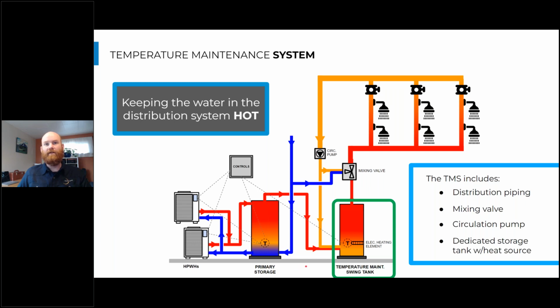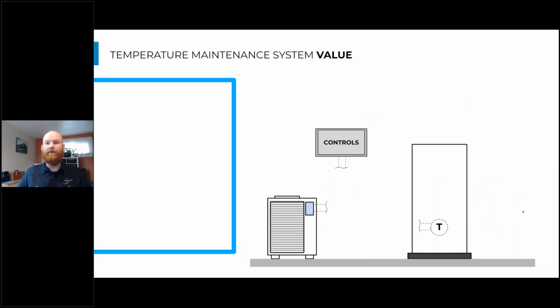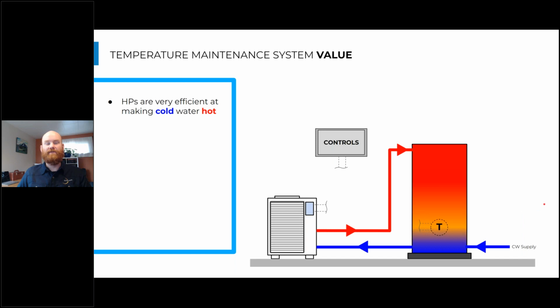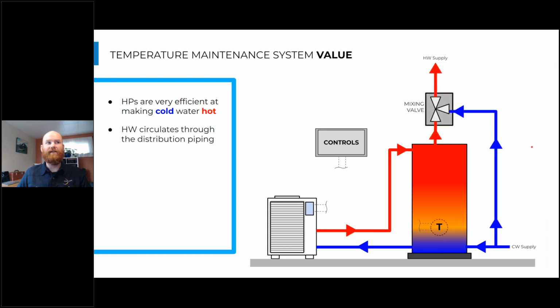And so we're going to go into a lot of detail on designing these systems and solutions for different equipment next week in session 2, but just an overview here of why it matters. So single pass heat pumps are really efficient in making cold water hot. We can store this water in a storage tank. It's great, easy.